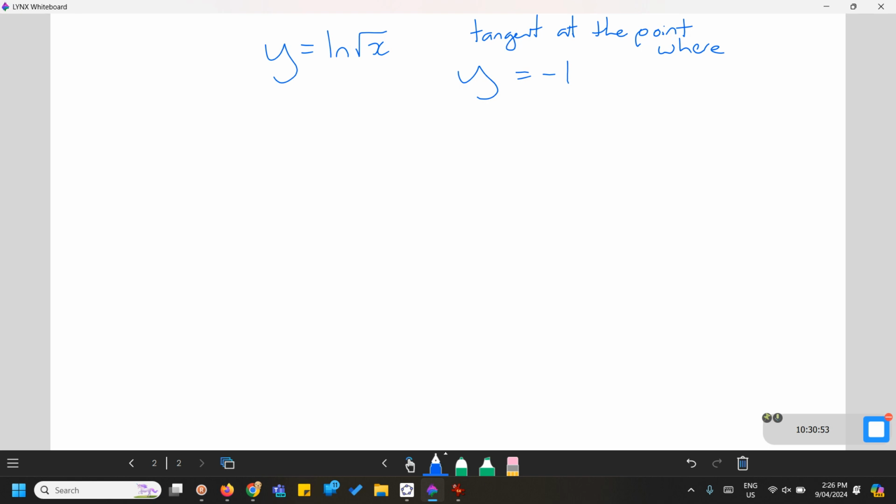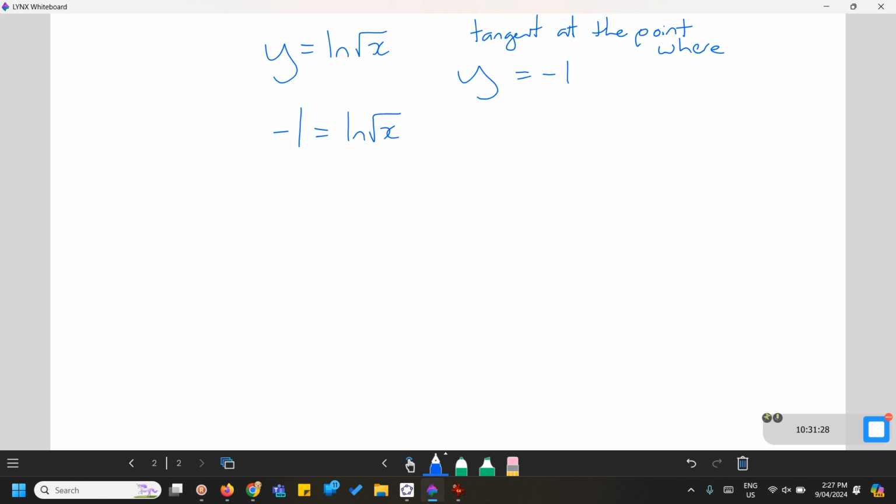Our first starting point is that we want to know what this x value is. If I substitute -1 for y, I'm going to have -1 equals ln root x. The next step is to understand what logarithms mean. ln root x means, what does e have to be to the power of to get root x?